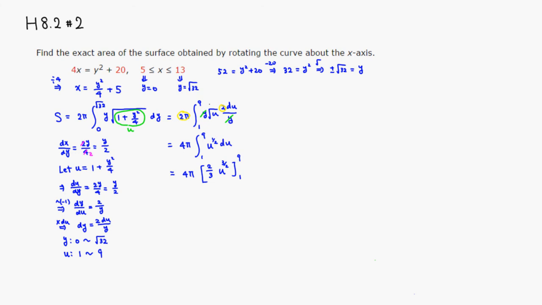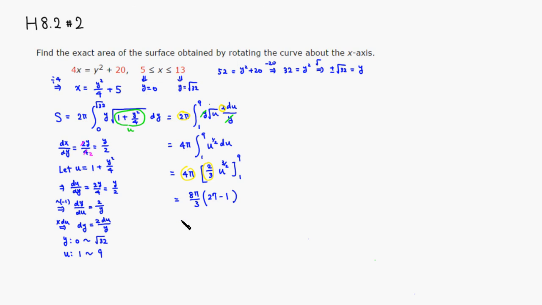So I'm going to combine the constants together, so it's going to be 8 pi over 3. Then we plug in 9. 9 to the 1/2 power would be 3, and cubed that's 27, minus plugging in 1, which gives 1, so that's going to be 26.